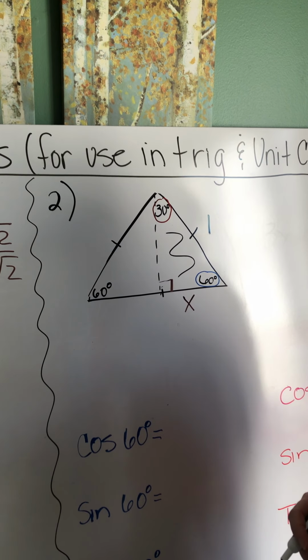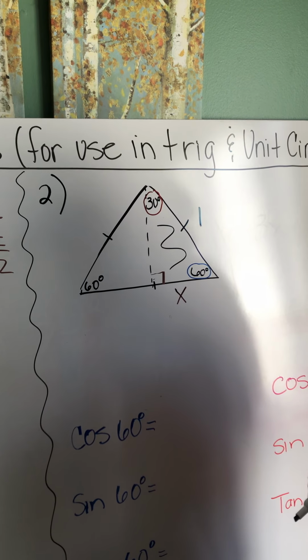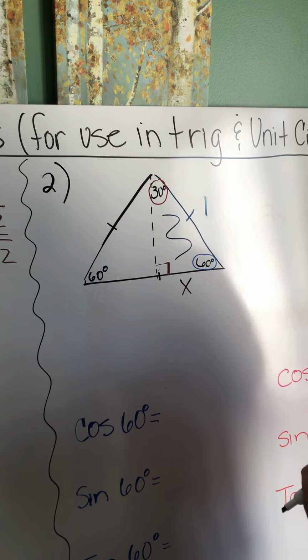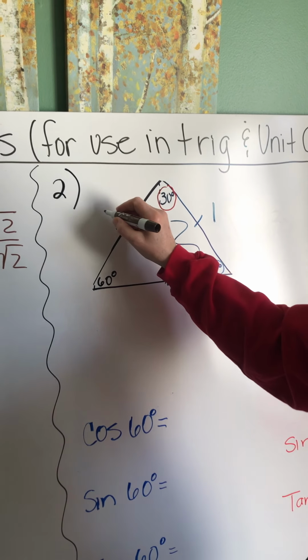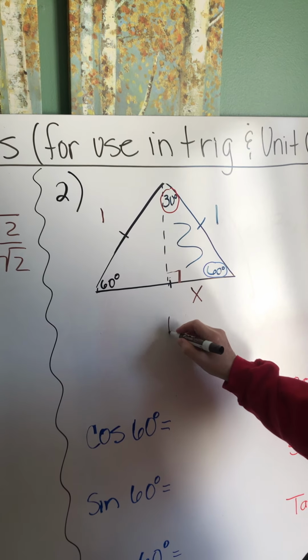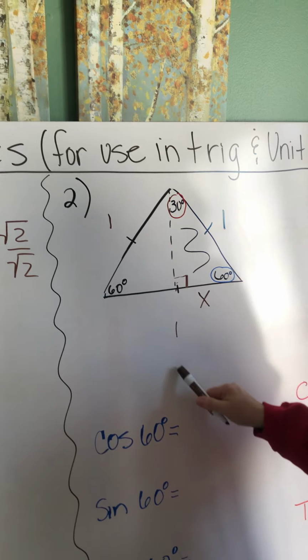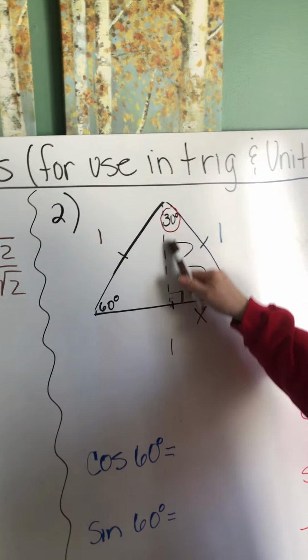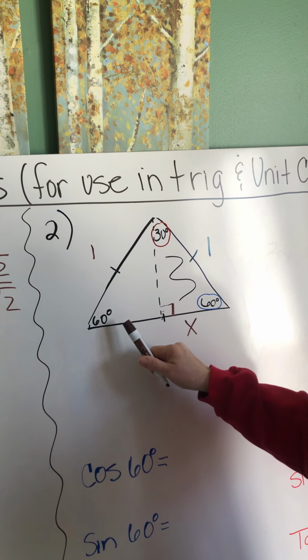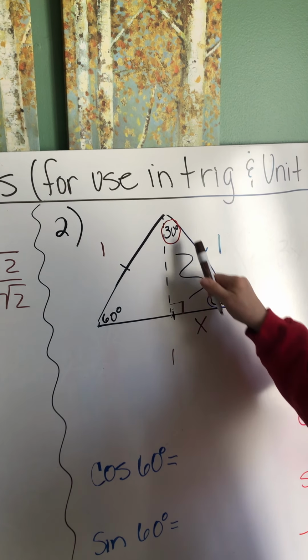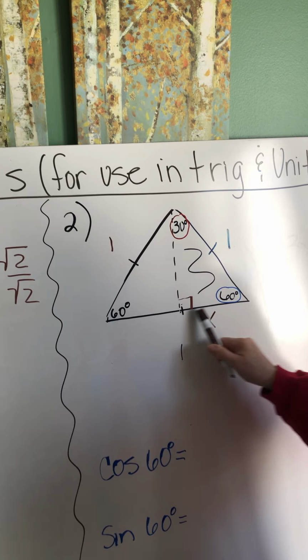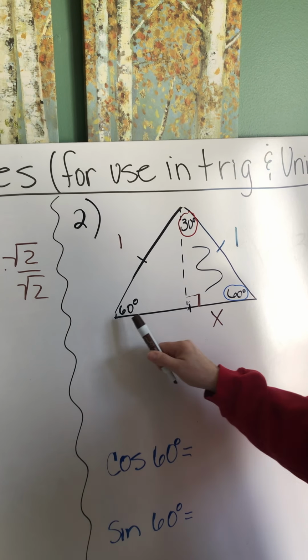But wait a minute, don't we actually know how big it is? We do, because take a look. We said that each one of these sides of the equilateral triangle was a length of 1. And we said when we dropped this height that due to symmetry that it cut this angle in half. So it also cut this side of 1 in half.